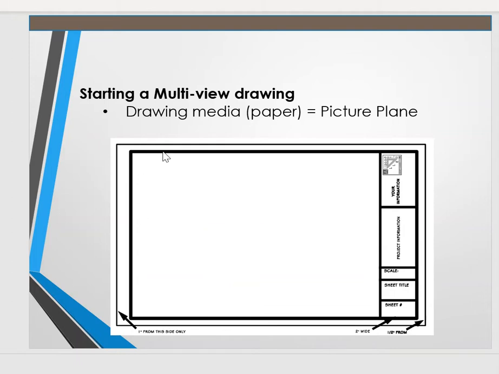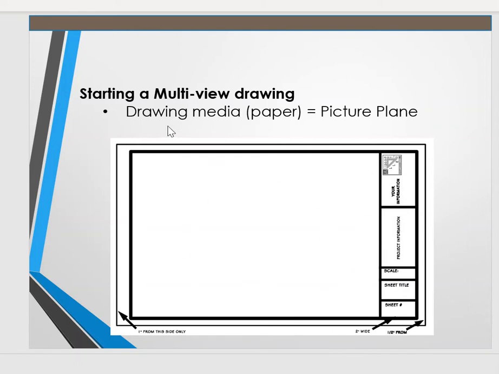You first need to create the correct title block with all of the information. So now suddenly my picture plane has gotten a little smaller. So now we're dealing with a picture plane that's just right here. So all of the negative space that you have on this drawing minus all of the information, that becomes your picture plane.